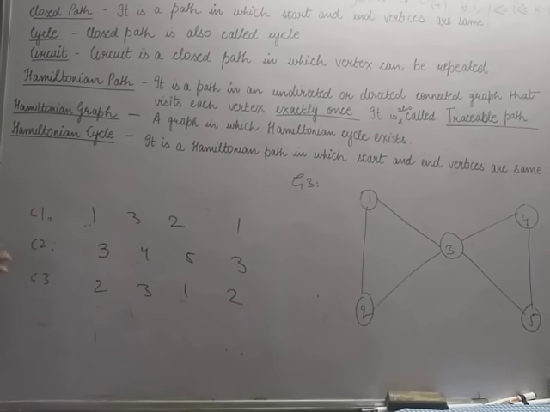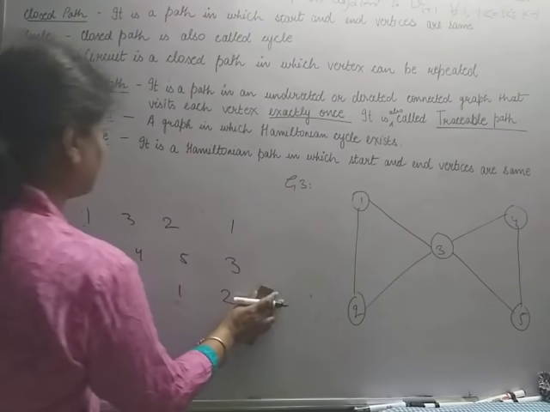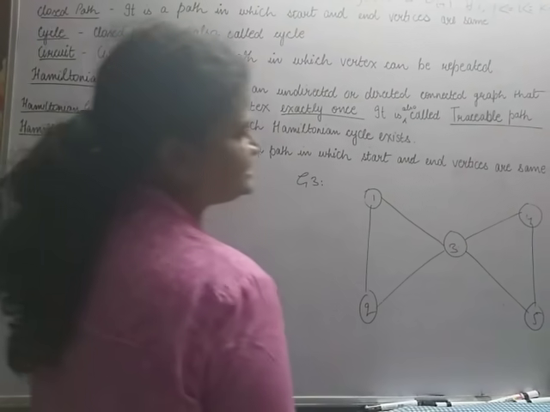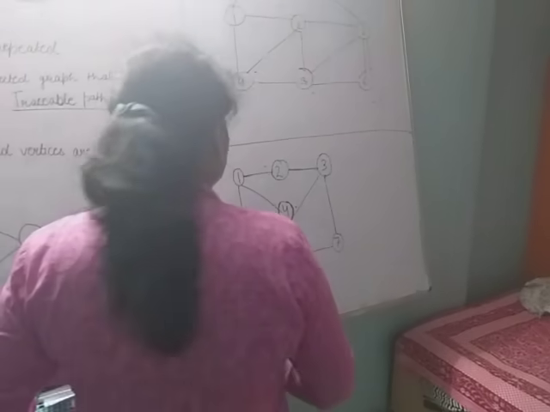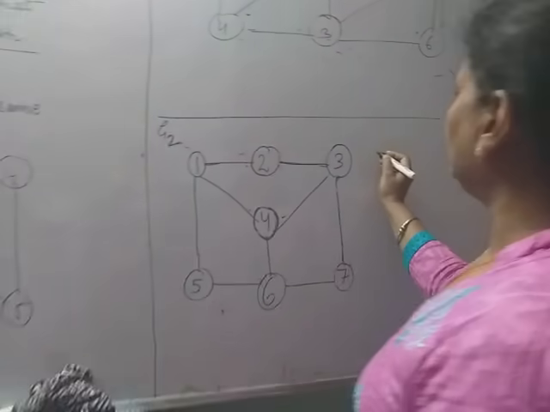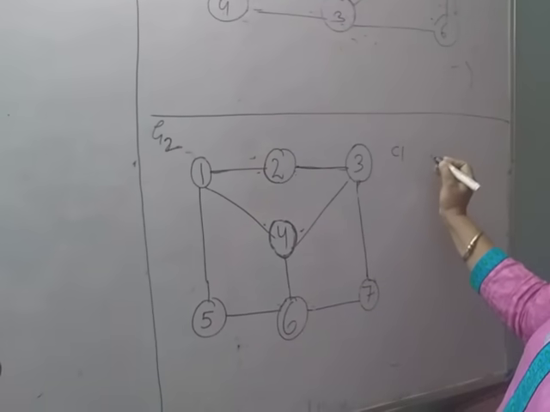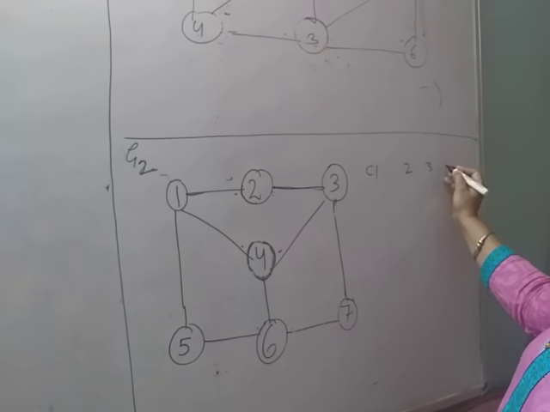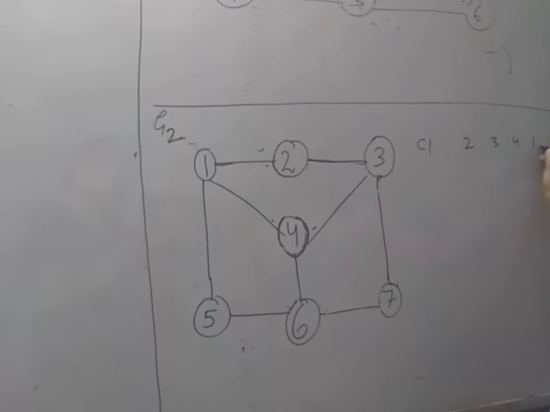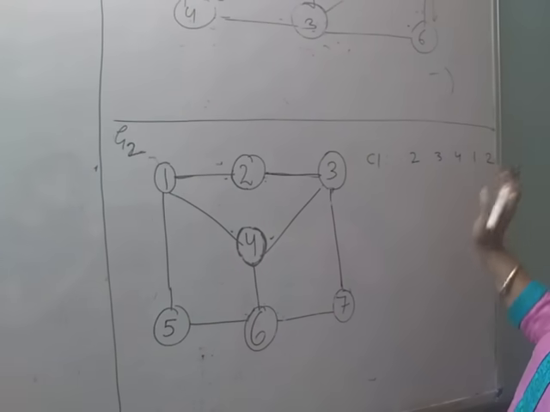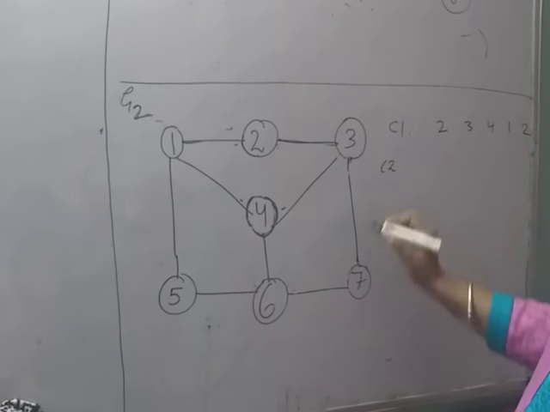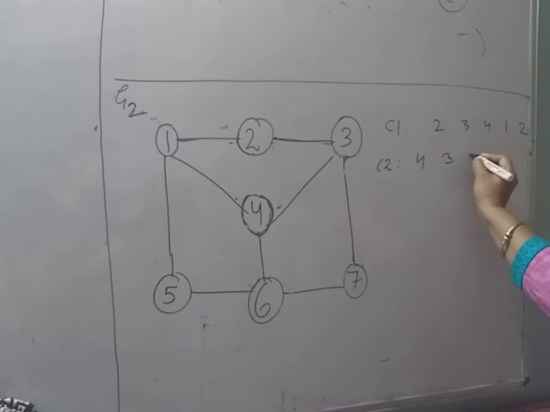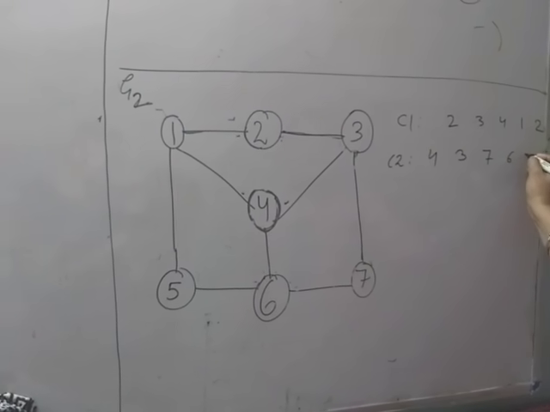The same if we consider this graph. In this graph there can be a number of cycles, say C1 is 2, 3, 4, 1, 2. Another cycle is 4, 3, 7, 6, 4.